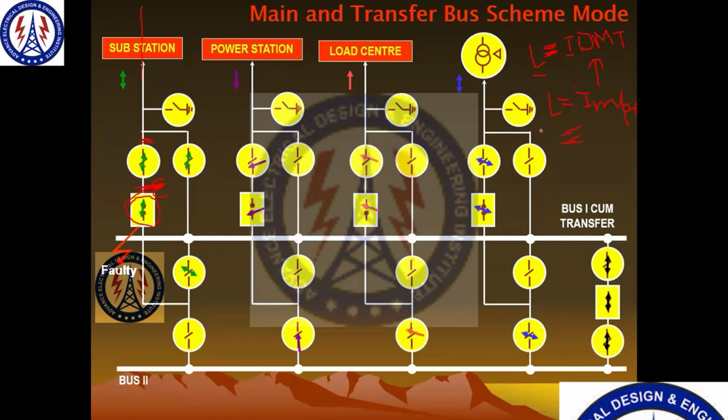Impedance is the resistance of an AC circuit offered to AC current flow. Impedance is R plus XL. Okay, so that is Z. Yes, sir. Great.